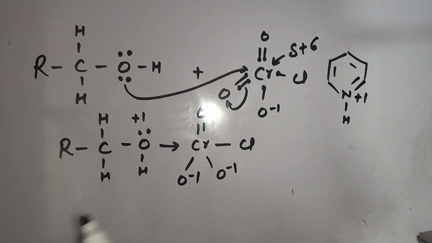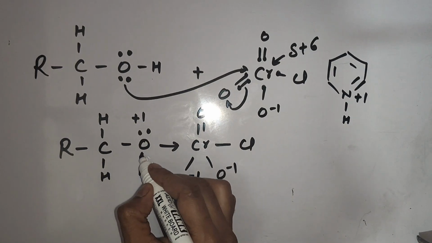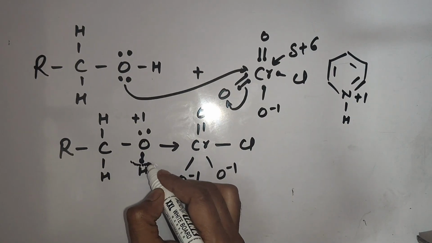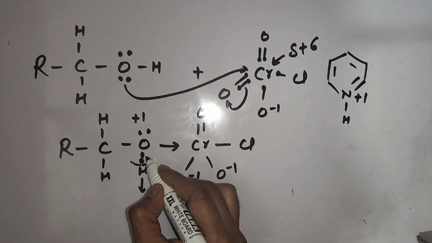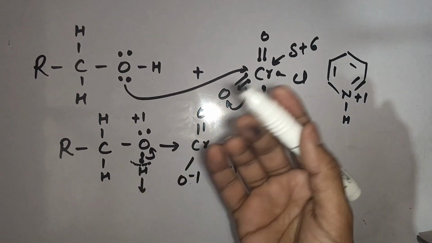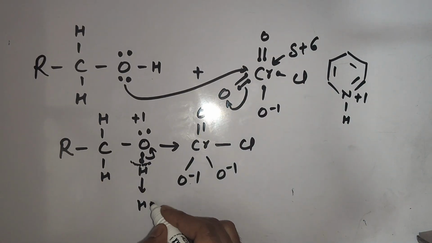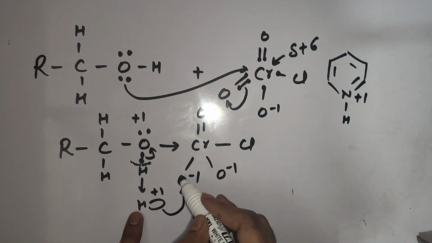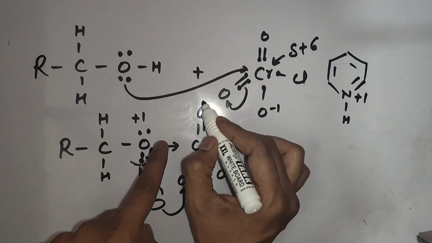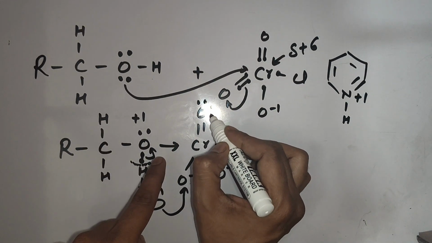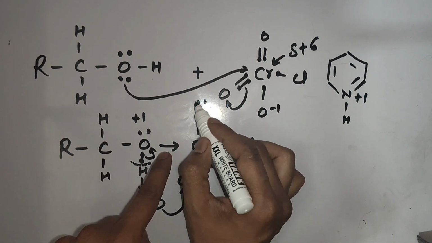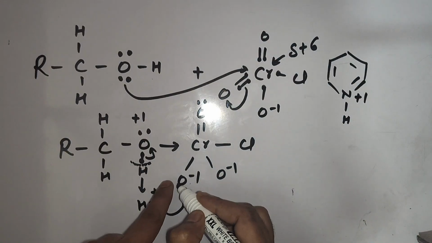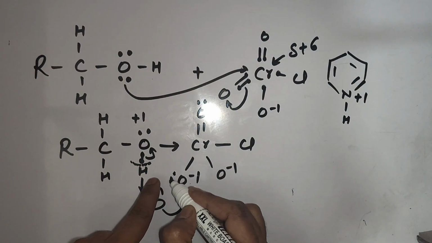This one. Now for stability, this oxygen will break the bond from its hydrogen, and obviously electrons will shift toward oxygen because it is more electronegative. What will release out? H positive particle, which will attack these O negatives. Again I am repeating, if I am not writing electrons, write them by yourself. Oxygen with 2 bonds, always 2 pairs. Oxygen with a single bond, negative charge, always carrying 3 pairs.